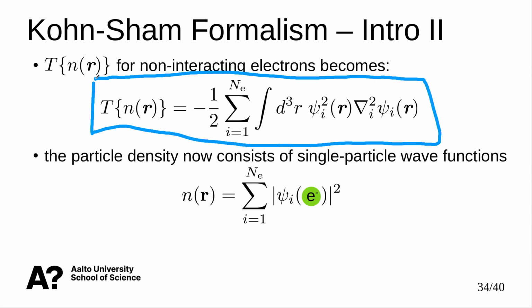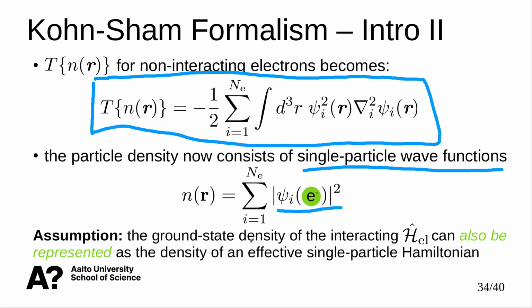Whereas now our electronic density consists of single particle wave functions, right? Before we had the electronic density consist of the system wave function, and now we only have it as a single particle wave function.